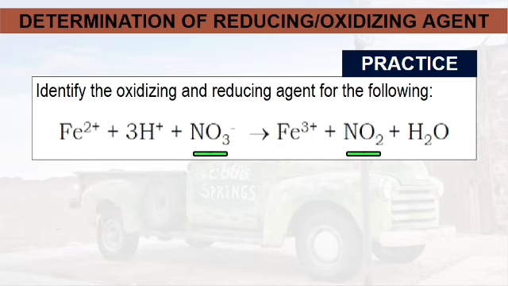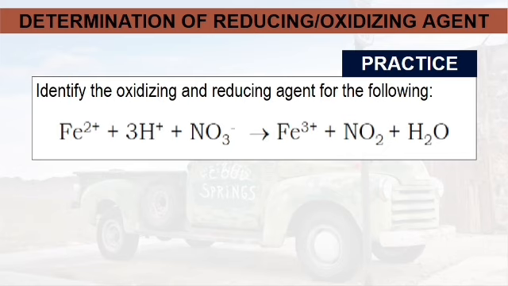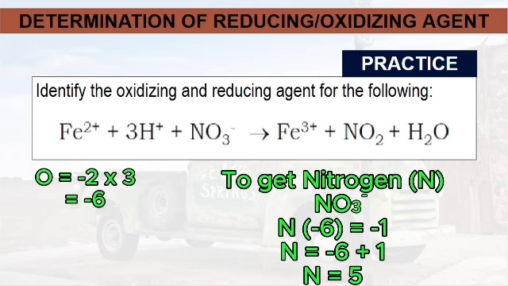Next, NO3 1 minus to NO2. Remember, NO3 1 minus has a negative charge, so NO3 1 minus equals negative 1. Next, O is negative 2 times 3, which gets negative 6. Then to get N, nitrogen, negative 1 moves forward to become plus 1 with negative 6.